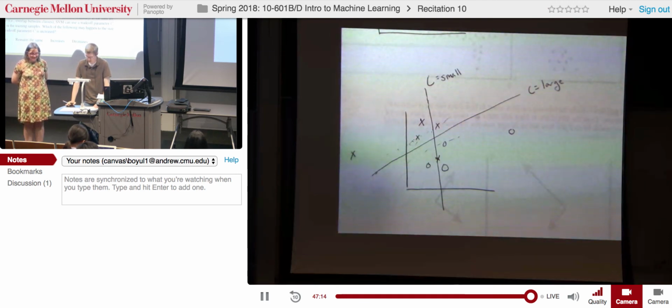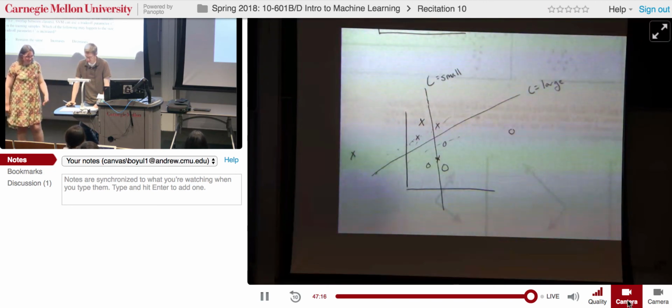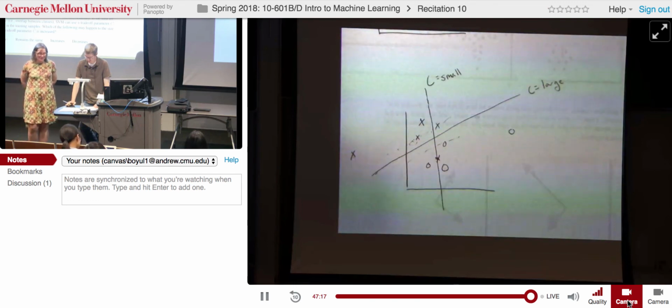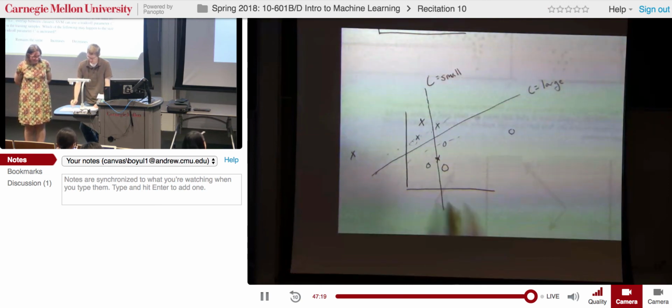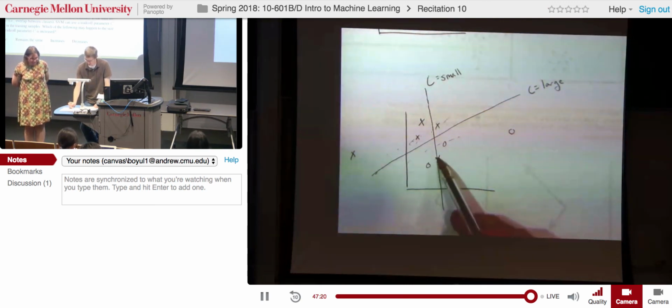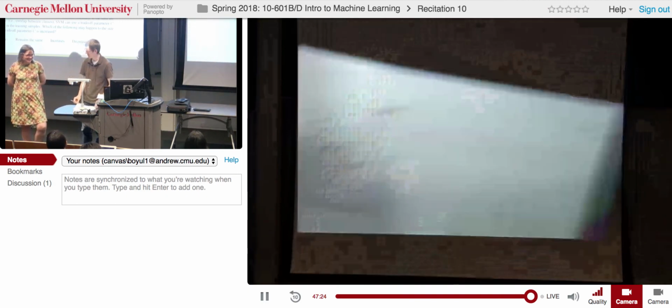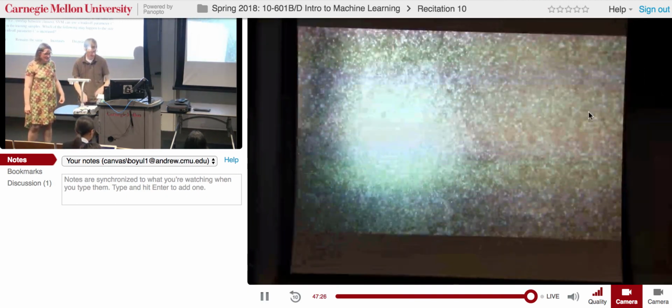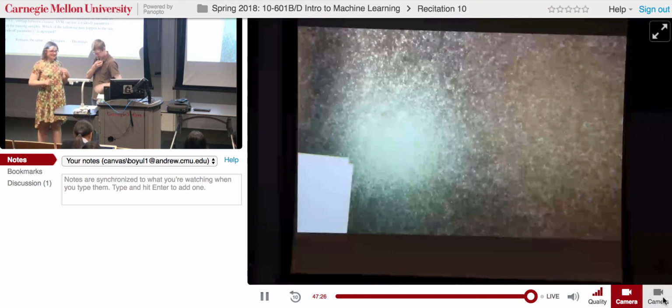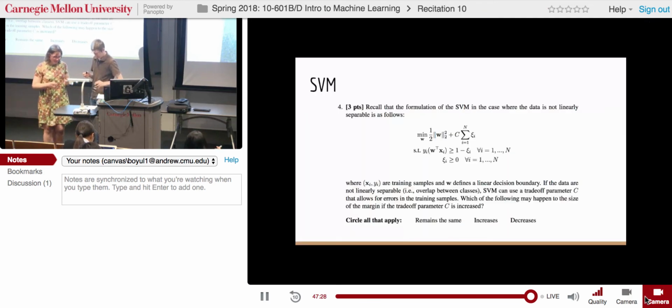Okay, any questions there? So C is small. Now as C gets bigger, something we want to think about here is that the term margin might be a little bit confusing when we're talking about a soft margin.